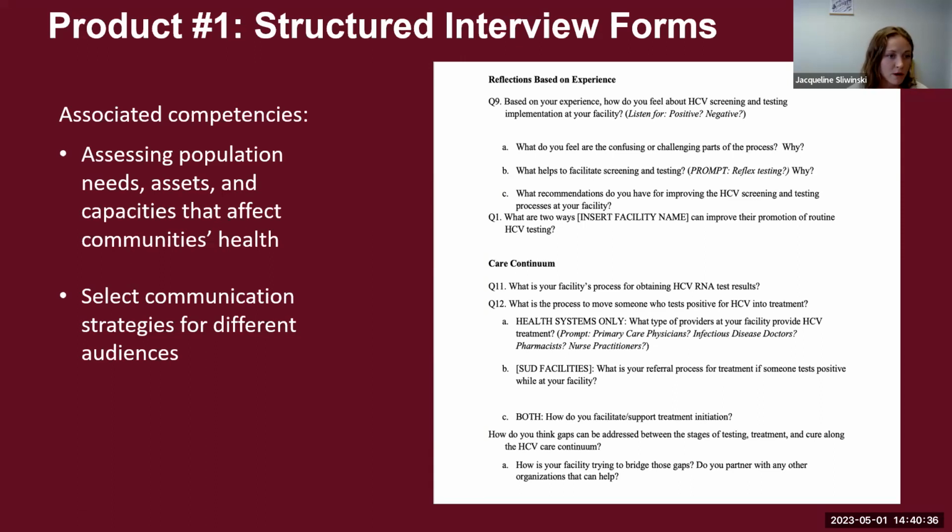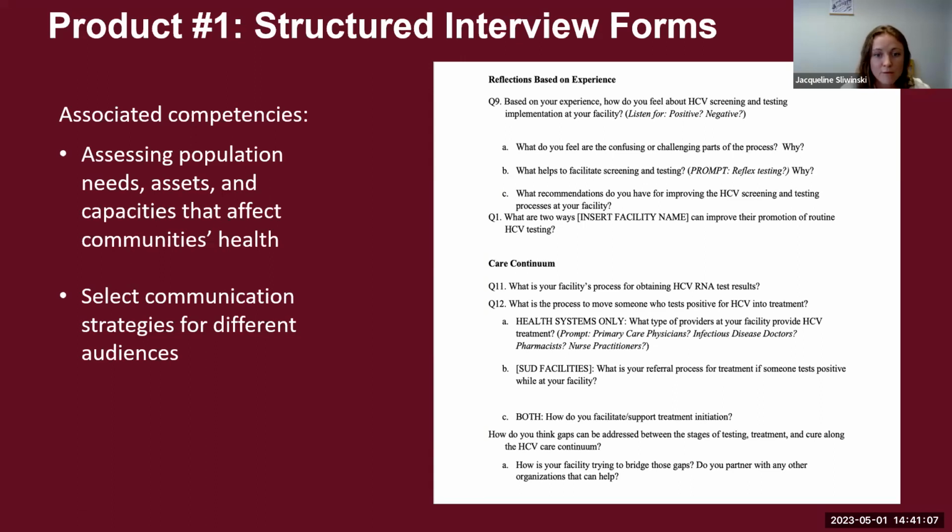And we also consulted the Montana Viral Hepatitis Advisory Council in the development of interview questions and guiding prompts to really make sure that we're asking the right questions and asking them in the right way to capture the good and the bad of people's testing and treatment experiences, as well as capturing an understanding of the processes used to test and treat.